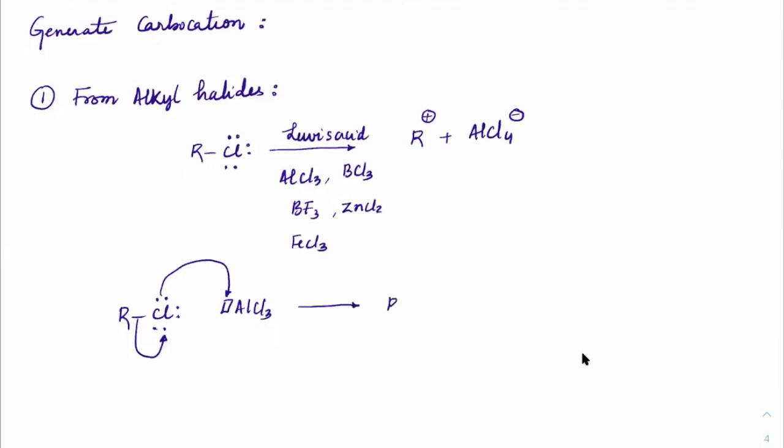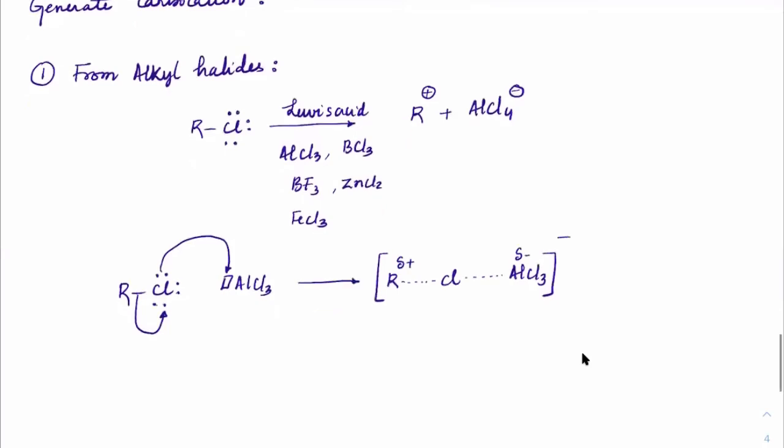So what is the type of transition state we are getting? Check out: the R-Cl bond is breaking and the chlorine-AlCl3 bond is being made. This is the bond which is forming. After the product has formed, this will get a delta negative charge and here this is getting a delta positive charge.